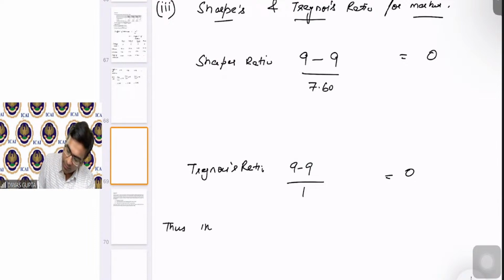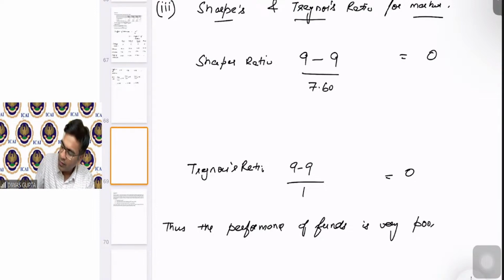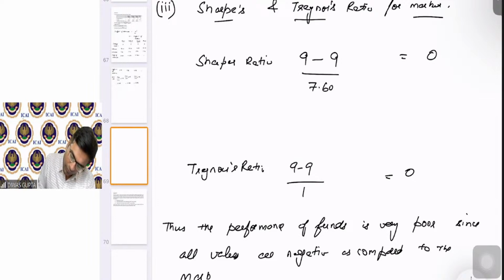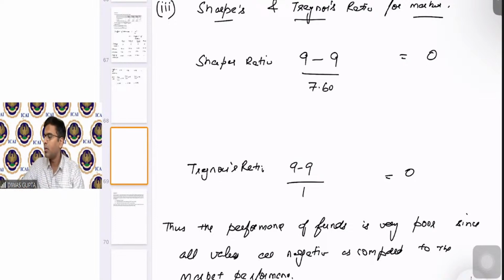Hence, we can say that thus the performance of funds is very poor since all values are negative, whether it is Sharpe's ratio or Treynor's ratio, as compared to the market performance. Perfect. Shruti and Tanisha, 1 is beta. Yes, you're right.